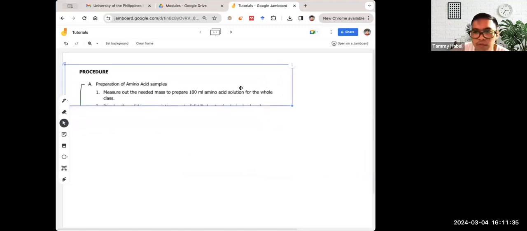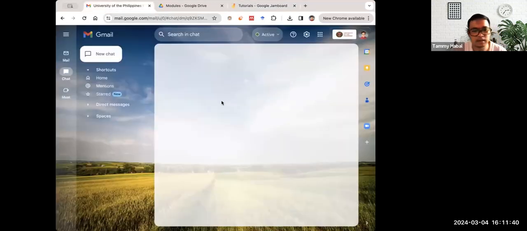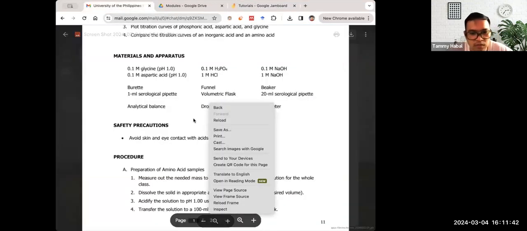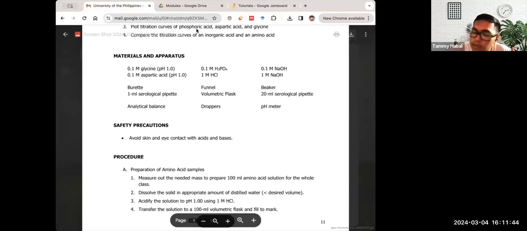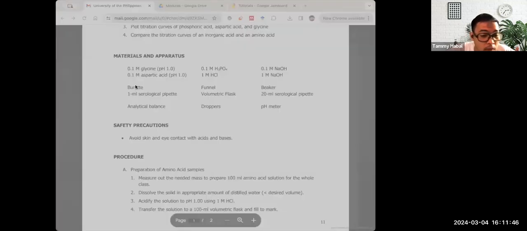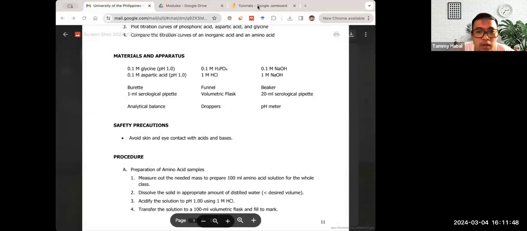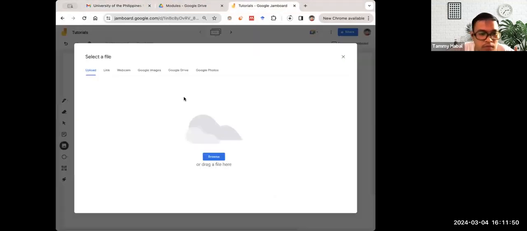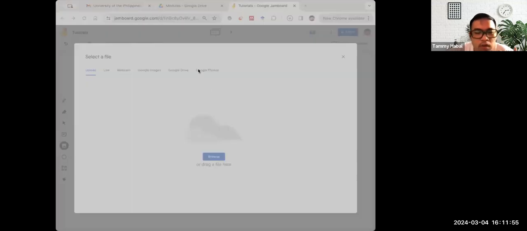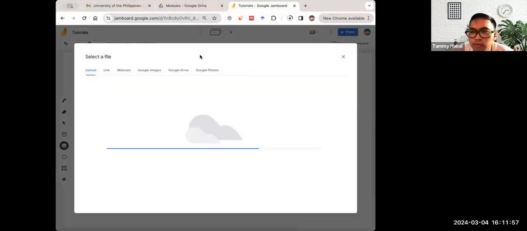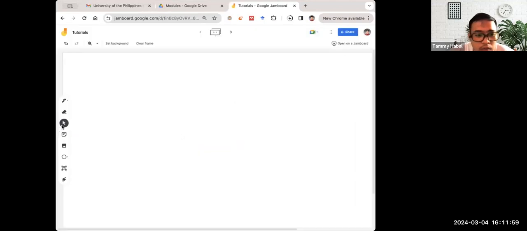Wait, I'll just save your file. Then file, browse, load.